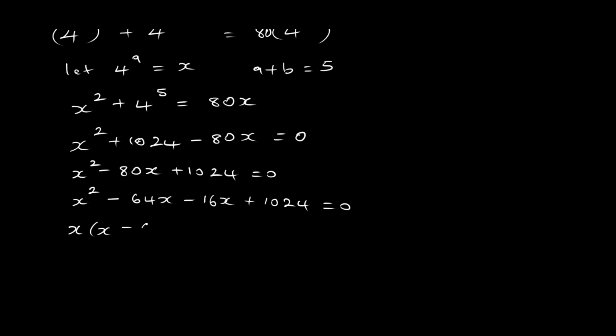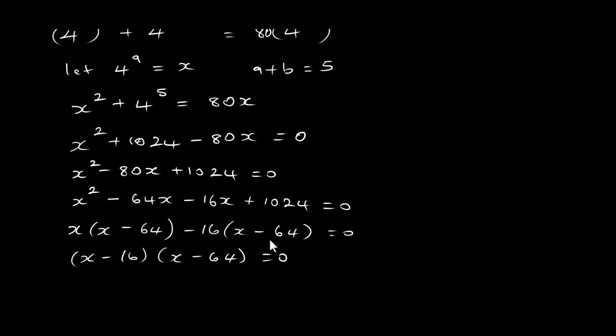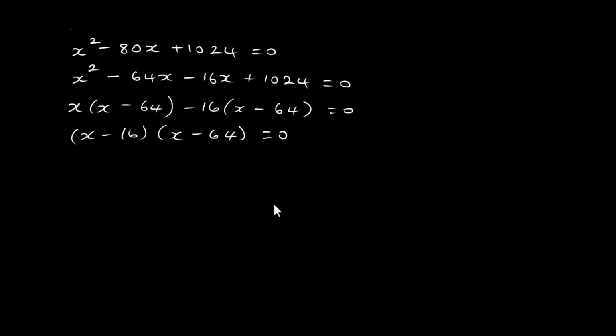Now we have x minus 64, and let's factor out negative 16, and we have x minus 64 equal to 0. So x minus 16 is equal to 0, or x minus 64 is equal to 0.